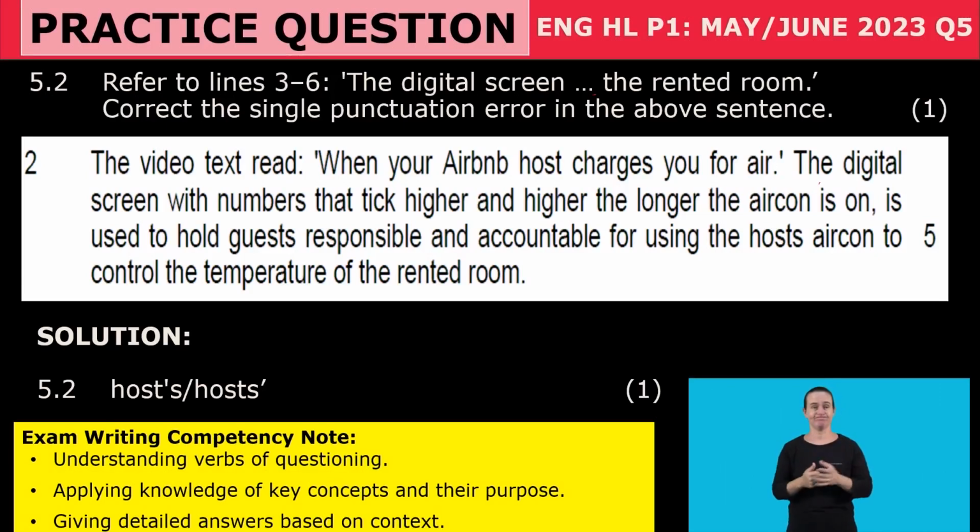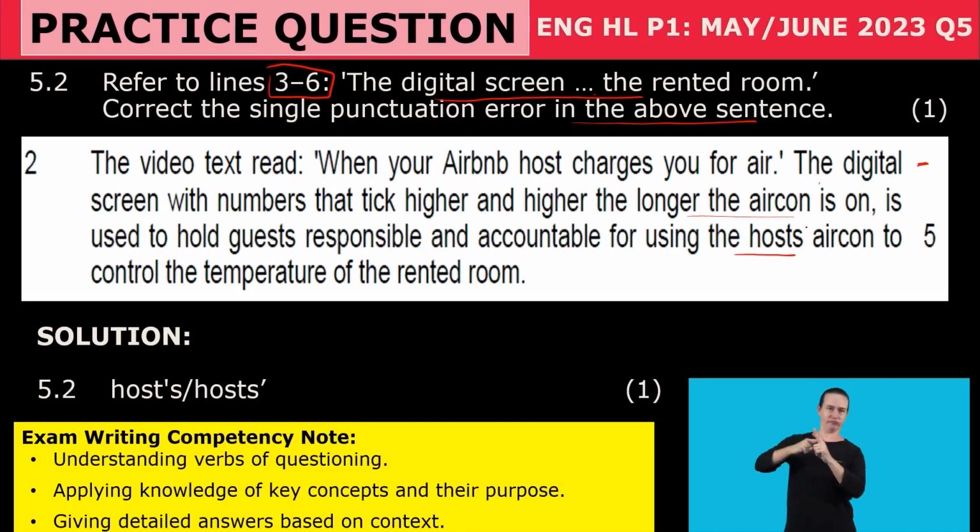Now let's take a look at question 5.2. Here it's given us a line reference, refer to lines 3 to 6, but the whole line is not quoted, so we go back to the text. Correct the single punctuation error in the above sentence, and we go find line 3, the digital screen with numbers that tick higher and higher the longer the aircon is on, is used to hold guests responsible and accountable for using the host's aircon to control the temperature of the rented room.